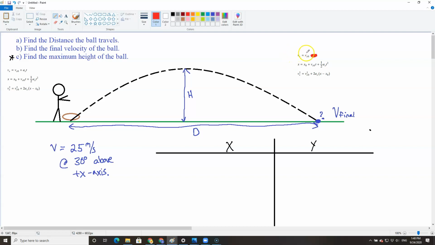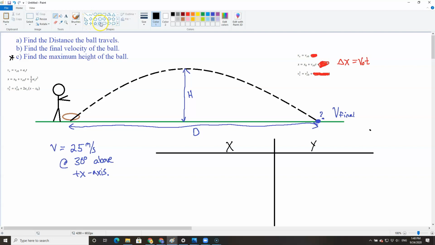V final equals V initial. The third equation is also useless because this would cancel out. V squared equals V initial squared. The second equation simplifies to just this, which we'll be using as delta x equals V naught t. That's the only information that ever works for the x direction in these projectile problems.